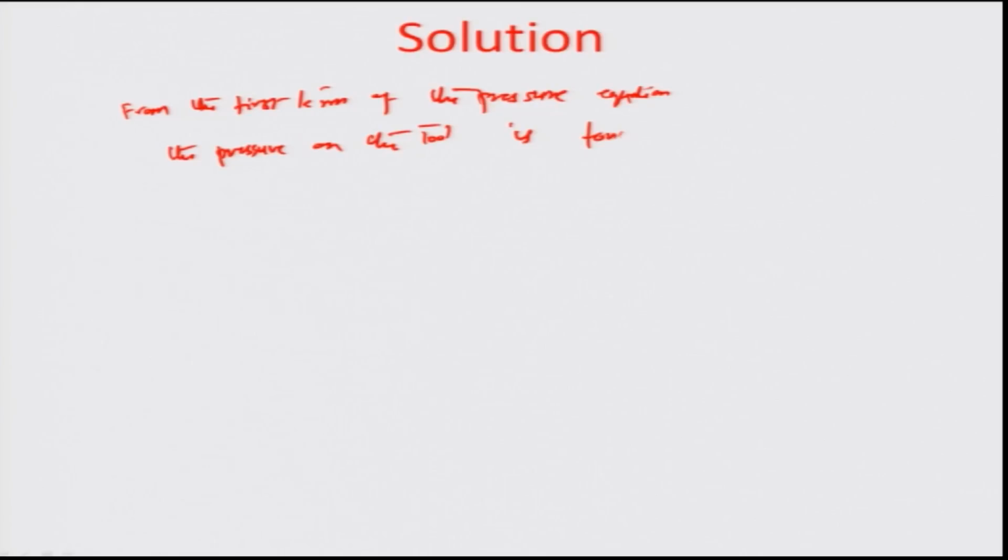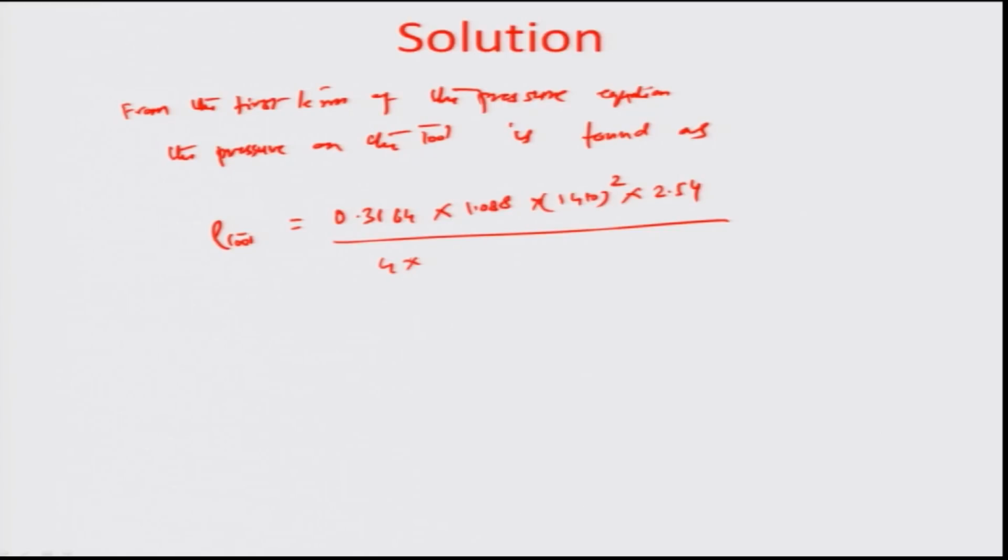So, from the first term of the pressure equation, the pressure on the tool is found as P tool equal to 0.3164 times the density of the electrolyte, 1.088 gram per centimeter cube, times the square of the velocity, 1410 centimeter per second squared, times the total length, which in our case is 25.4 millimeters or 2.54 centimeters, divided by 4 times the equilibrium gap, 0.02, times the Reynolds number to the power of 0.25.